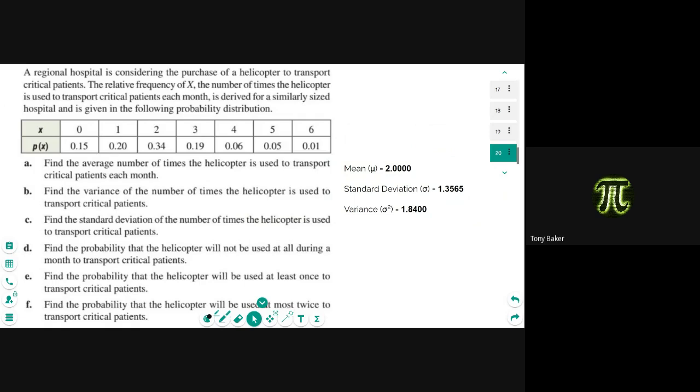Should the hospital buy the helicopter? Normally, the mean is 2. So 69% of the time you're going to need it up to twice, and those rare occasions that you're going to need it more.